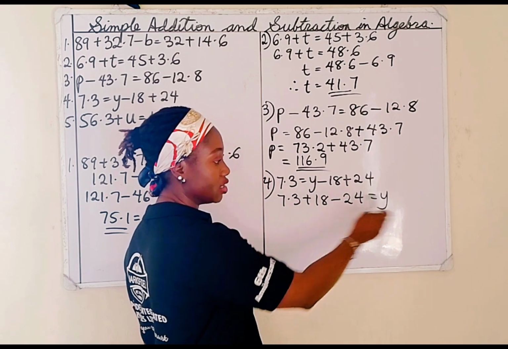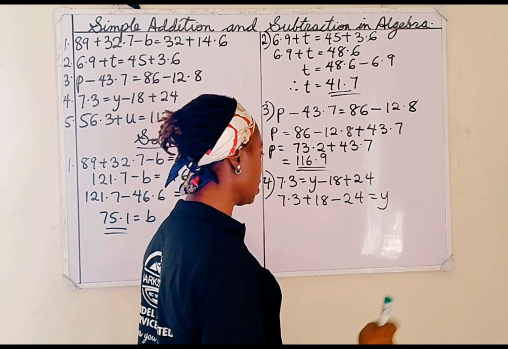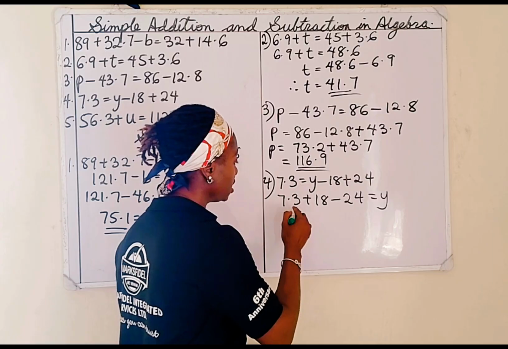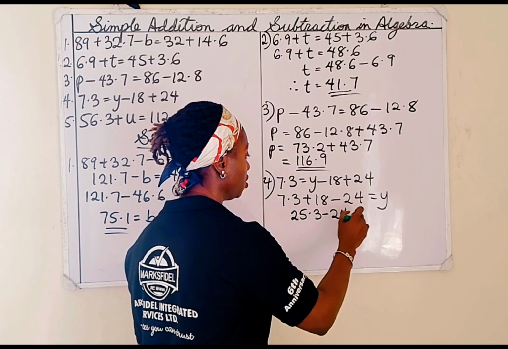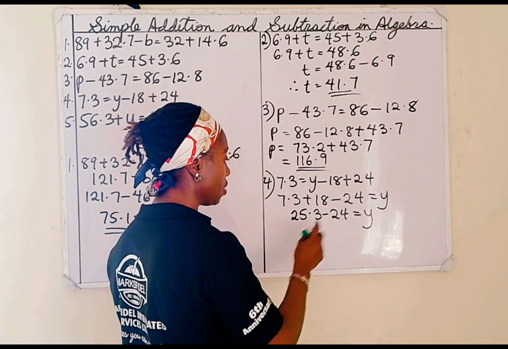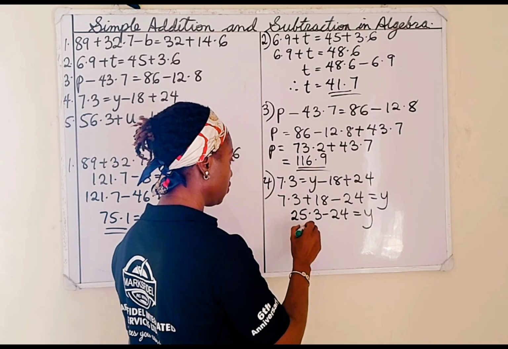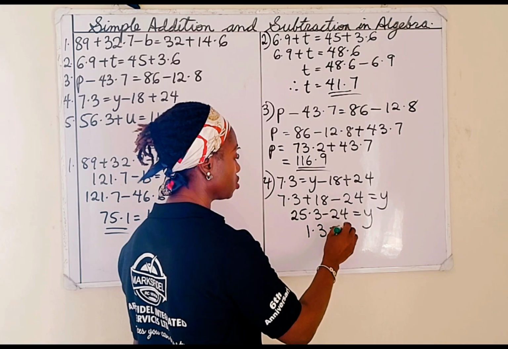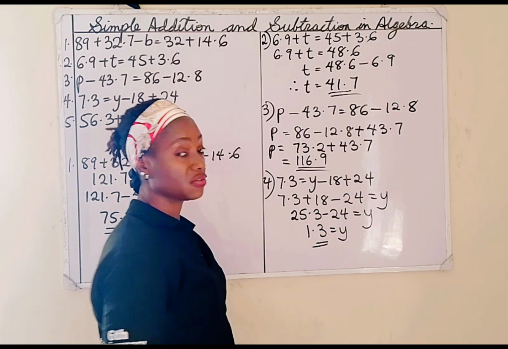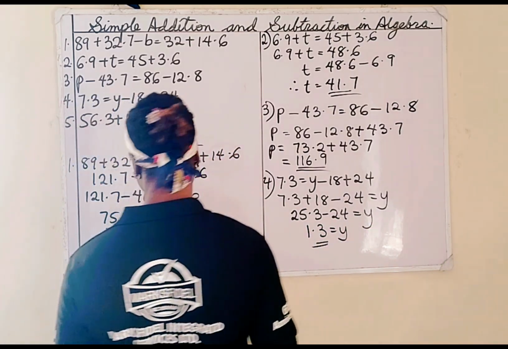So from here we can now add and subtract our numbers, which equals 25.3 minus 24 equals y. So 25.3 minus 24, which is 1.3, equals y. And that's the final answer for question 4.